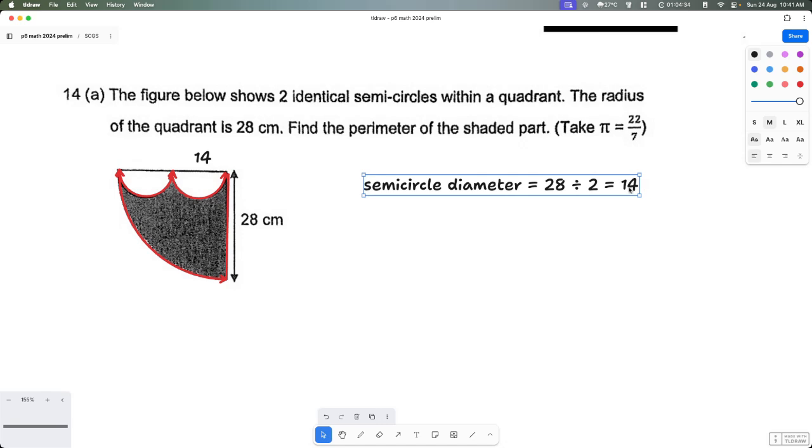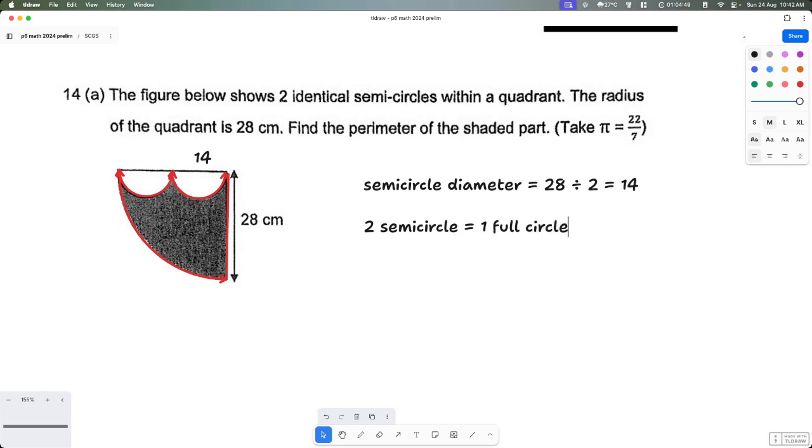So from here we can get two semicircles, and two semicircles is equal to one full circle.